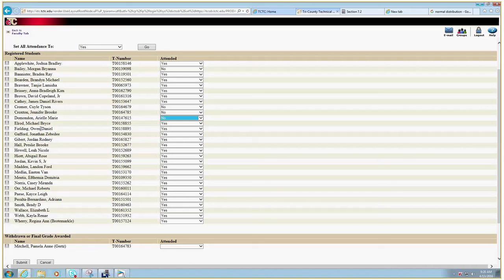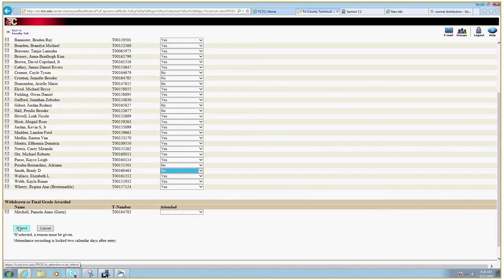Elrod, Fielding, Gafford's here, Jabert, not here. Jabert's in a ditch, drunk somewhere. Hall, Hewell's here, Hyatt's here, Jordan's here, Madden, Medlin, Mentis, Norris, Orr is here, Chiesi is here, Peralta and Smith not here. Wallace, Webb, Wary.